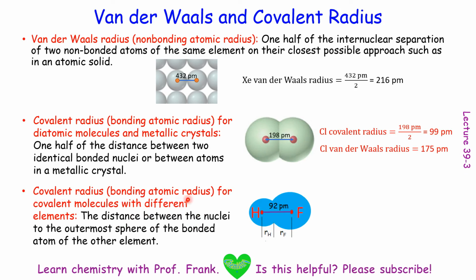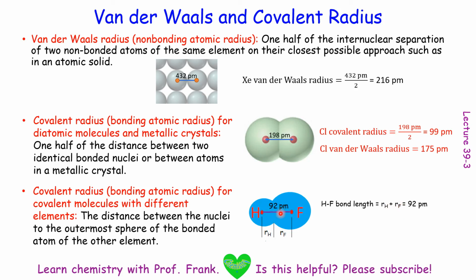Now, covalent radius for covalent molecules with different elements, not the same element anymore. The covalent radius for hydrogen is the length from the hydrogen nucleus to the border between hydrogen and fluorine. The bond length is 92 picometers, but the bond length is the sum of hydrogen's covalent radius plus fluorine's covalent radius.